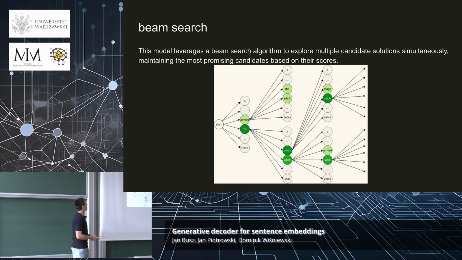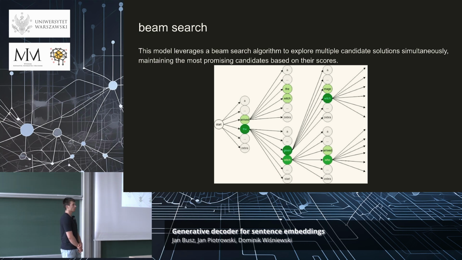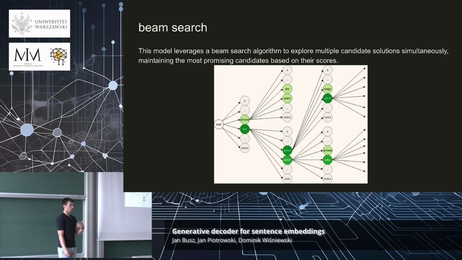You probably heard about it, but I guess it will serve as an introduction to the next one. What we want to do is generate a text iteratively. We can start with an empty text of length 0, and then add next characters to it. And how do we measure if the text is good? We just encode it with our encoder and check the cosine similarity with our given vector. The higher the cosine similarity, the better the text is.